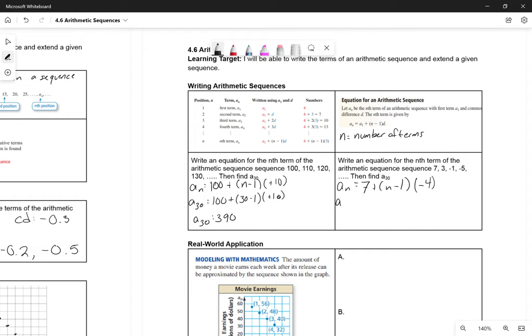From here, I can find a sub 30, or the 30th term in the sequence. You can actually use this arithmetic sequence equation to find any term that you want. So refilling in this information, this time I need to put 30.